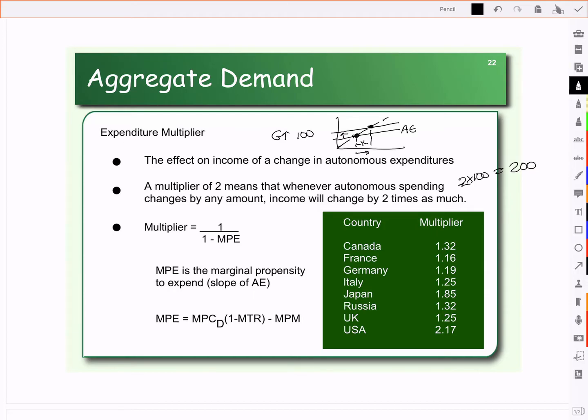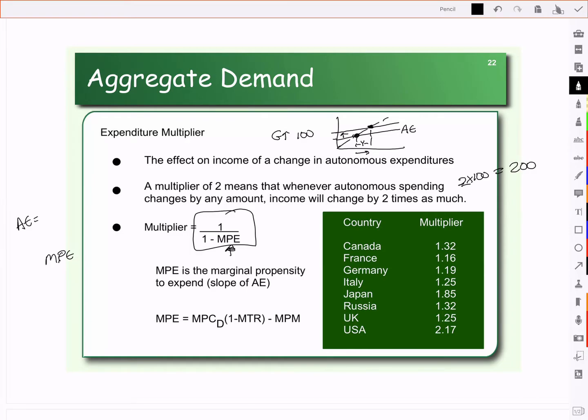To calculate the multiplier, we take 1 over 1 minus MPE. We can find that MPE because MPE is the slope of our aggregate expenditure function.